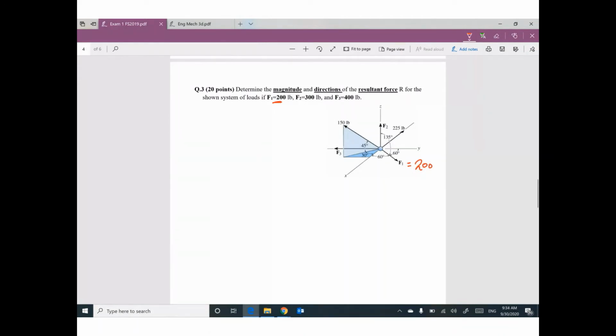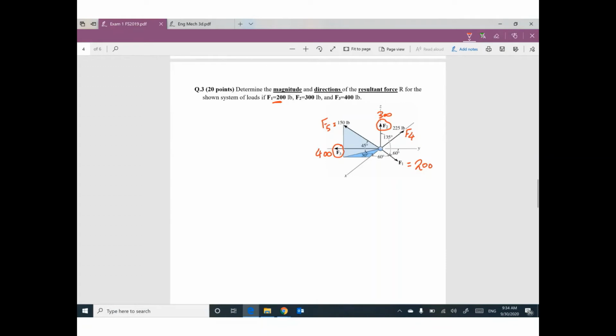How much? 300. We have F3. How much? 400. What about this force? 225. It's F4. What about this force? It's F5. So how many forces do you have? We have 5 forces.